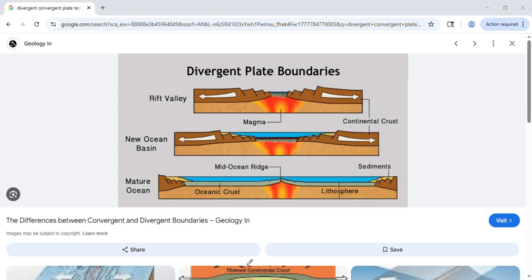So the next question, why is the Pacific plate unique among the major plates?